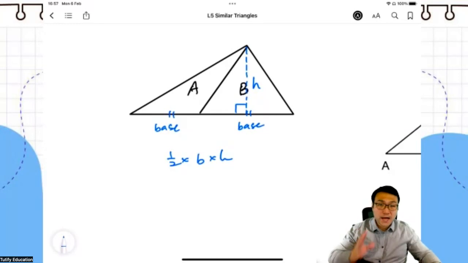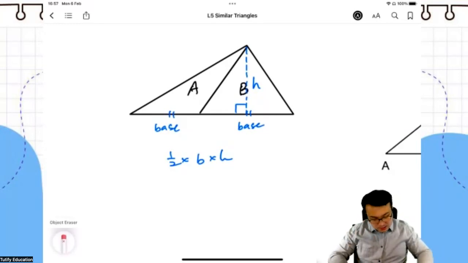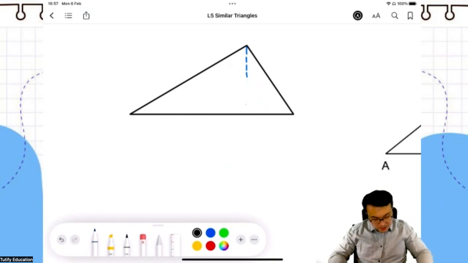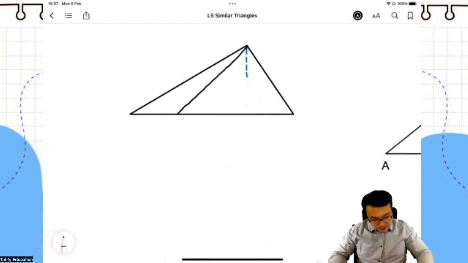Now, what if the triangles have the same height? Okay, let's say they have the same height, but what if I told you that triangle A and triangle B have the same height but different bases? Let's say this triangle has a base of 10 cm.